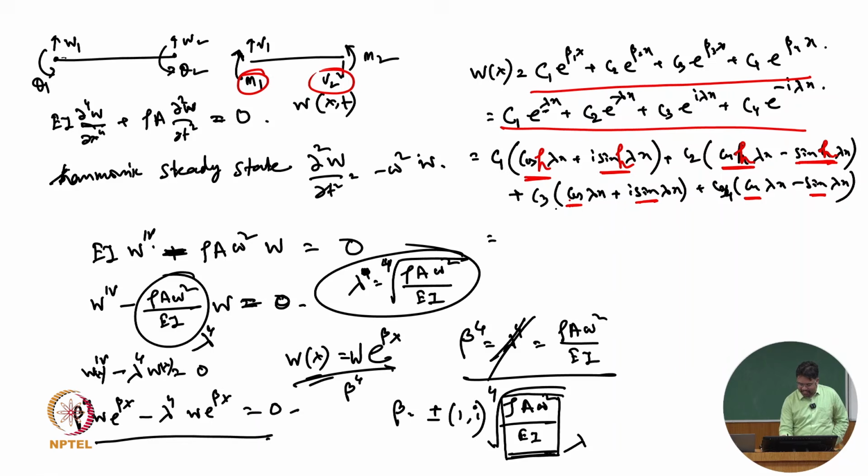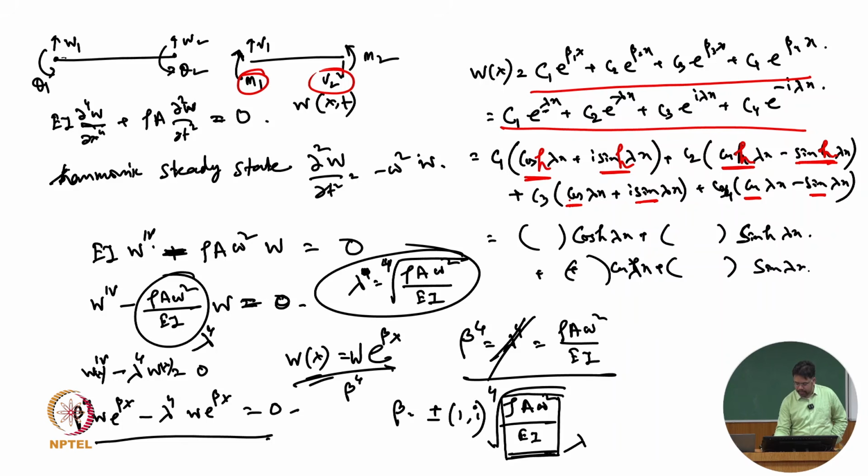So now we can collect all those things: cos lambda x with whatever is its coefficient, then sine hyperbolic lambda x, then the coefficient of sine lambda x. So these things we collect, and maybe we call them a1, a2, a3, a4.